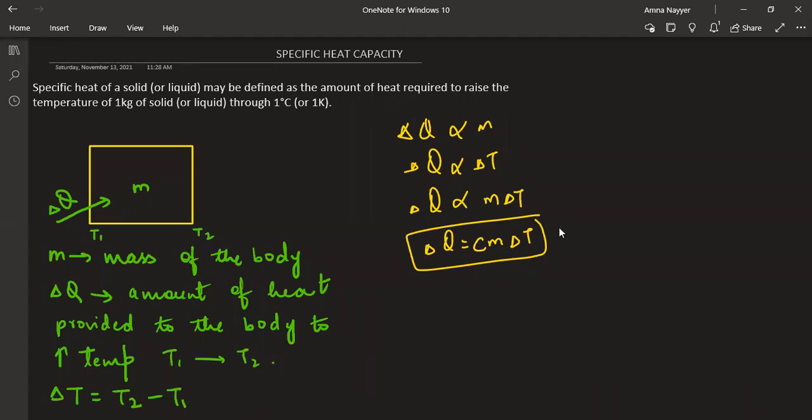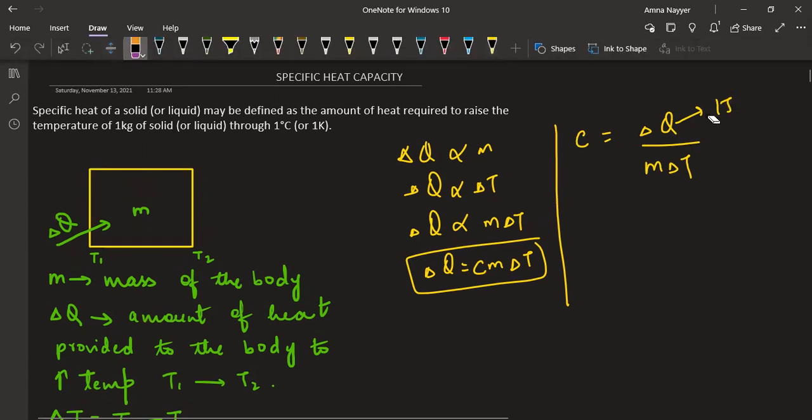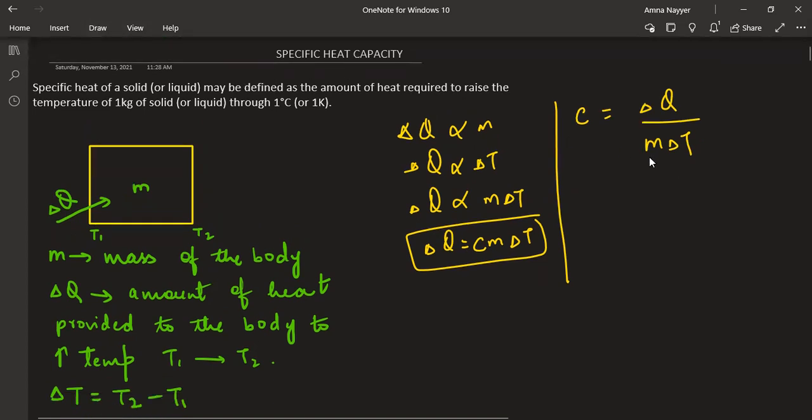Why am I saying this? See, in this formula, let me write the value of C. C can be written as delta Q divided by M delta T. Now, delta Q is the amount of heat. Let's leave joules as it is. M is mass.